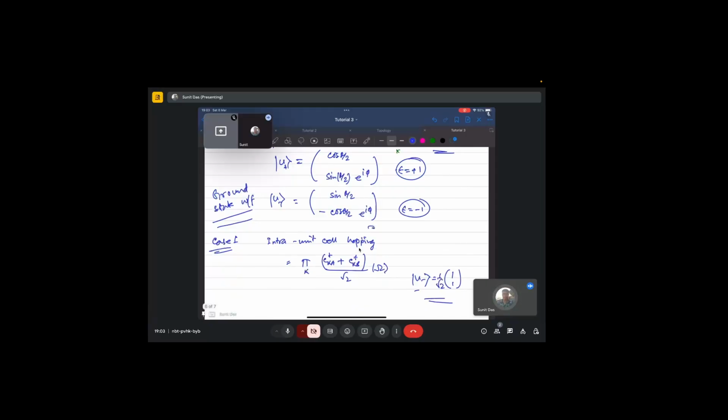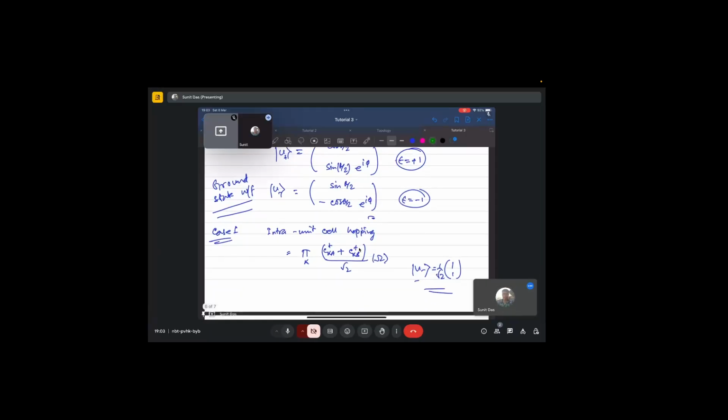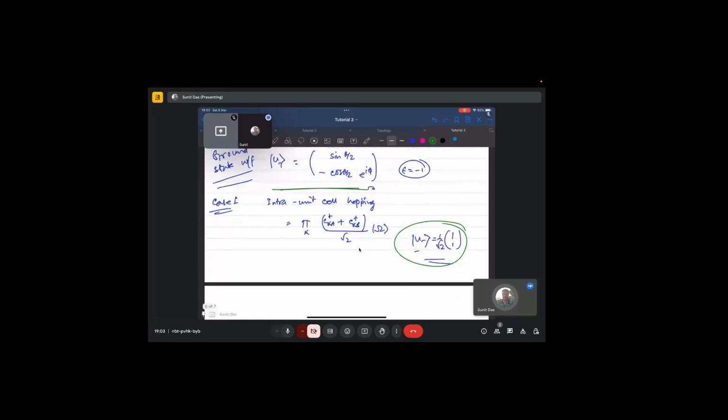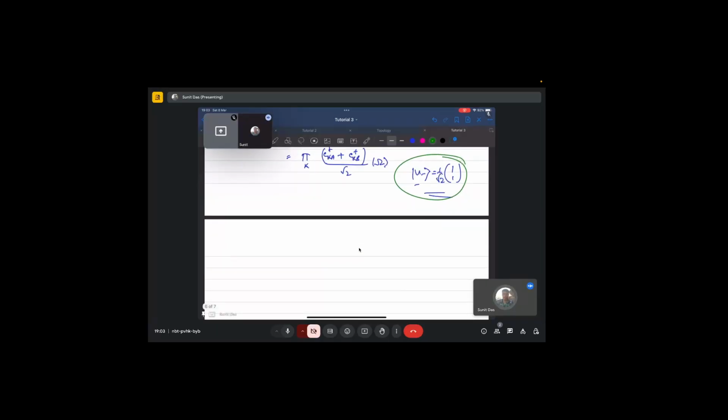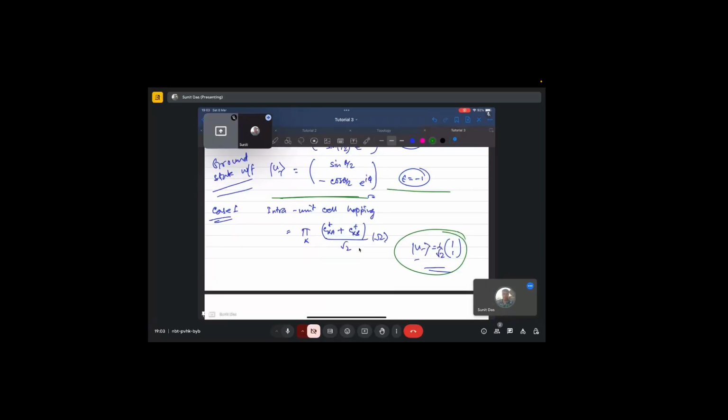So you compare our previous case 1 intra unit cell hopping ground state with this one. Okay, so what will you find? Sin theta by 2 is 1 by √2, let's say. So let me give some number, some a and some b.